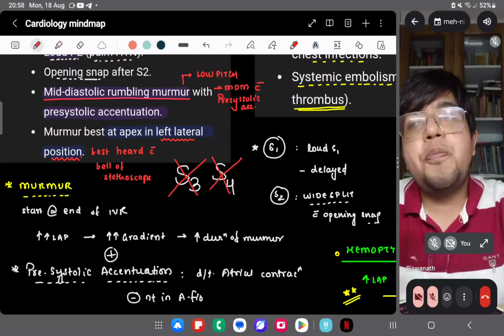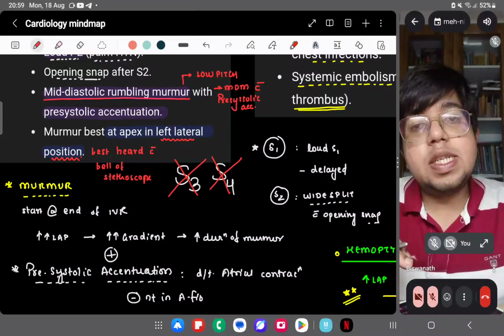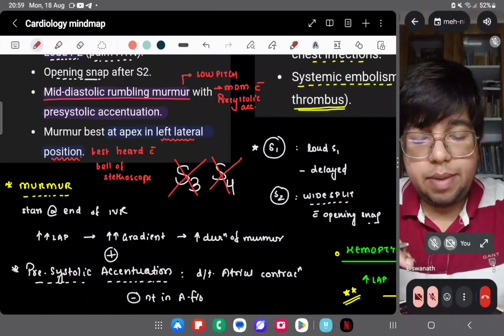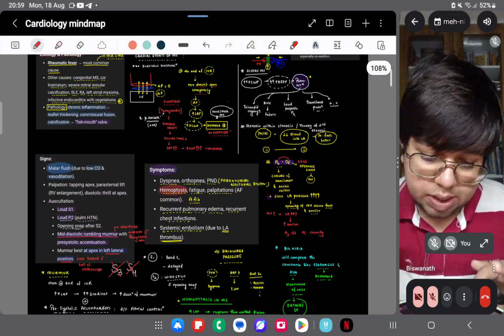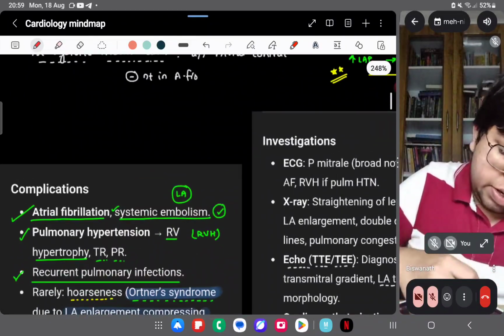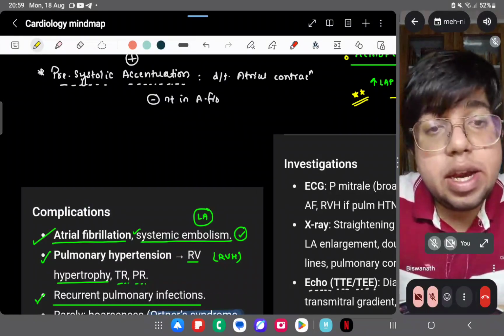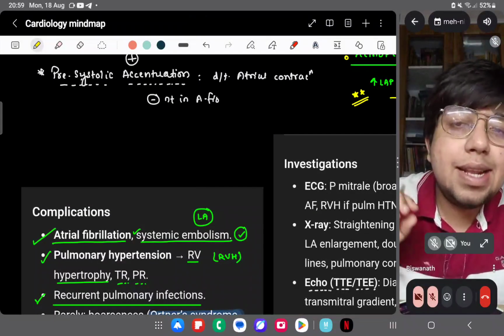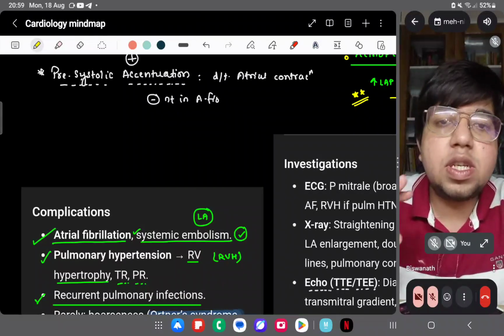Another thing is that you can hear some other murmurs as well in MS. Let me look for some space to write. Here, let us write here. You can hear a type of pan-systolic murmur here, a pan-systolic murmur associated with TR.